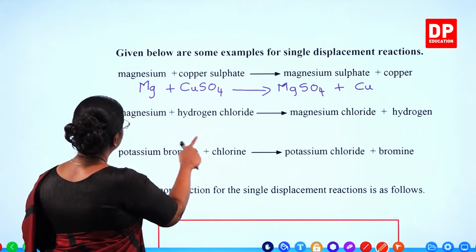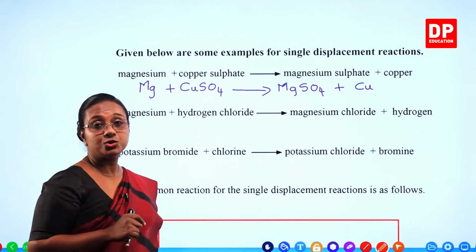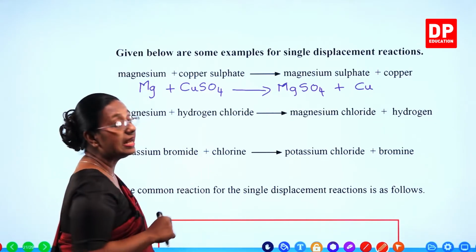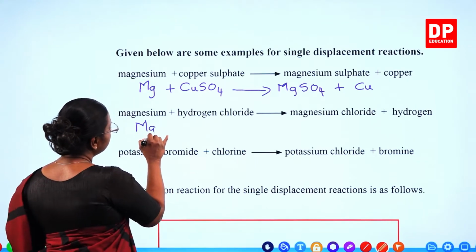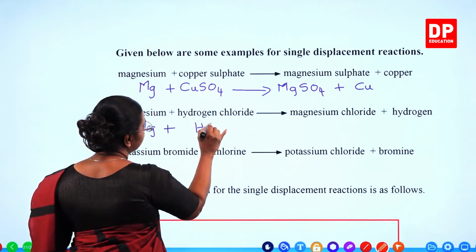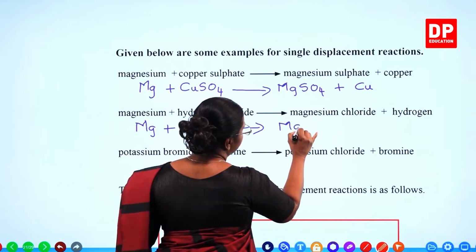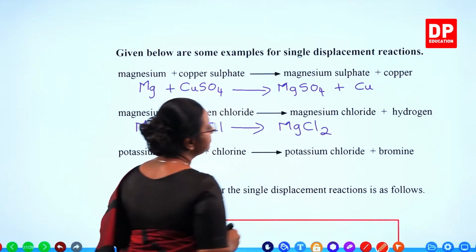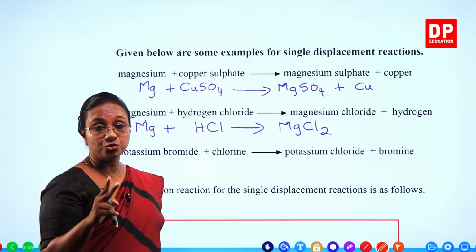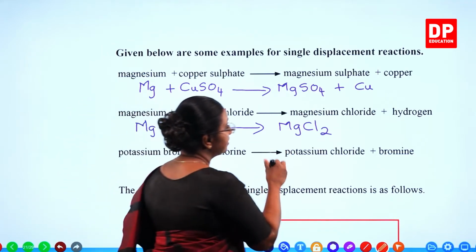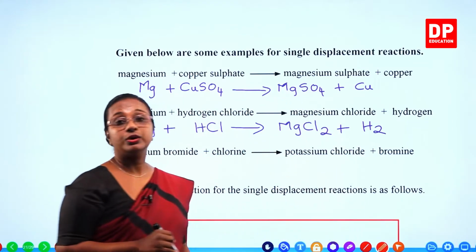Then we have the next one, magnesium plus hydrogen chloride giving rise to magnesium chloride and hydrogen gas. Magnesium chloride is MgCl2, because the valency of magnesium is 2, chlorine is 1. So MgCl2 plus hydrogen is H2 gas.